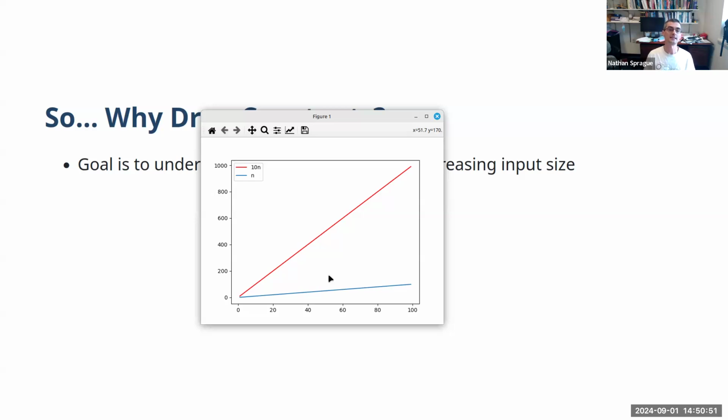It's going to take 10 times as long or 100 times as long if I increase the input size by 10 or if I increase the input size by 100. So that story about the impact of increasing the input size doesn't change at all as a result of the constant values. So that's one reason that we may not be interested in the constant values.